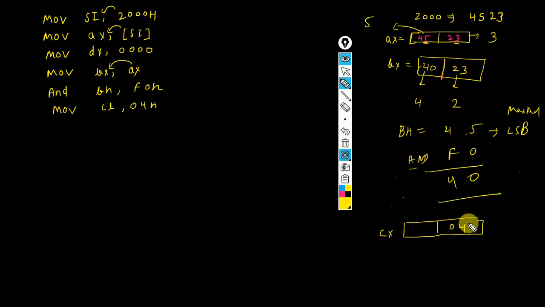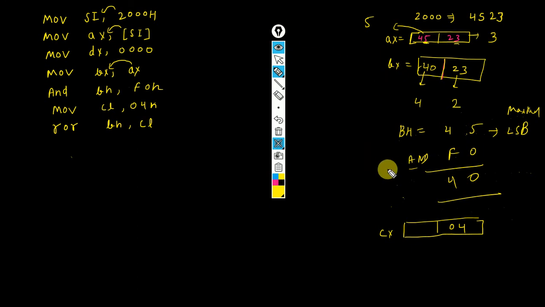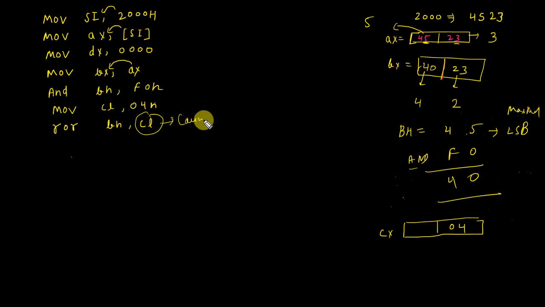Okay, the next instruction is ROR BH comma CL. I have already discussed with you what the ROR operation is. In the ROR operation, we rotate right without carry. So in this instruction, this is your count value and this is your destination.